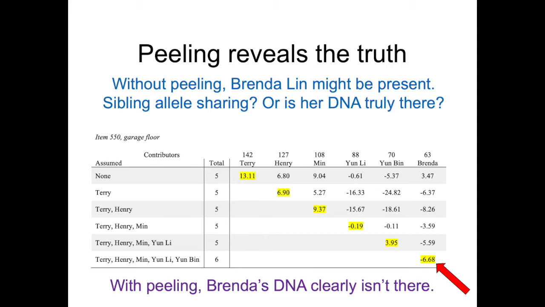Is this because of sibling allele sharing, or is her DNA truly there? Conditioning on the genotypes of her 5 family members reveals the truth. In the bottom right of this log LR table, we see a value of -6, or an exclusionary value less than 1 in a million. With peeling, Brenda's DNA clearly is not in the garage floor stain.